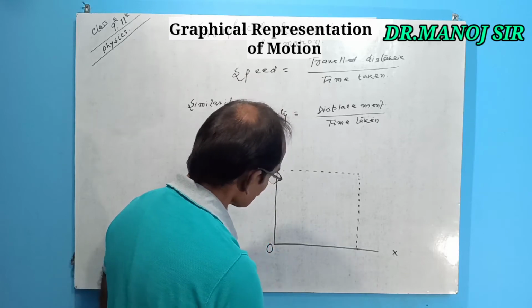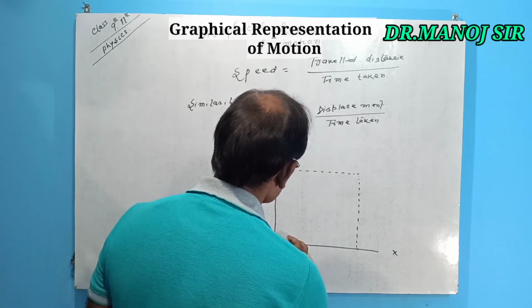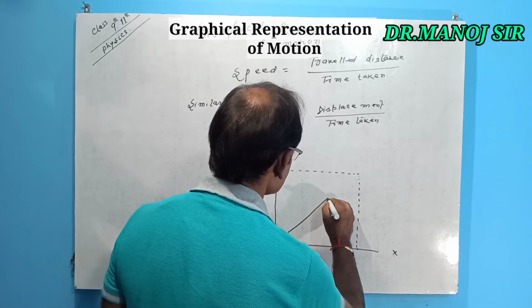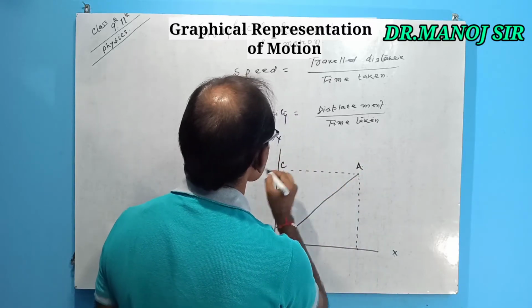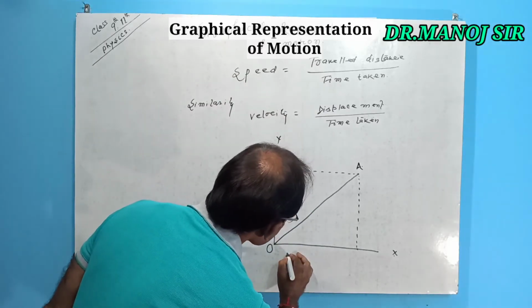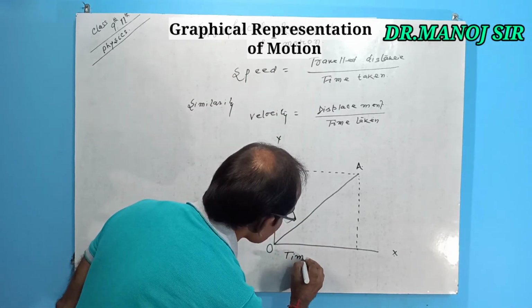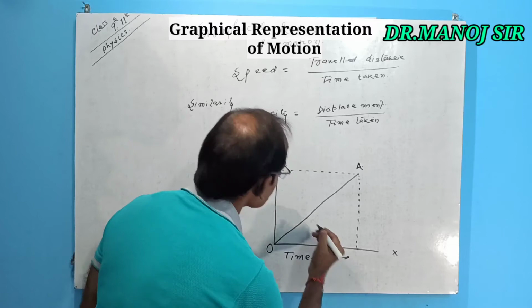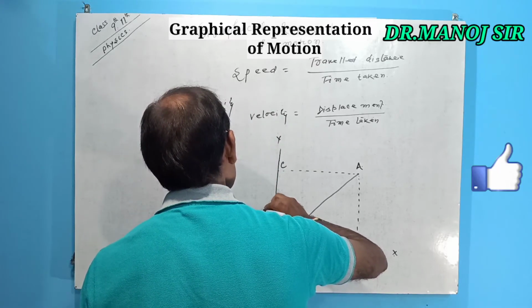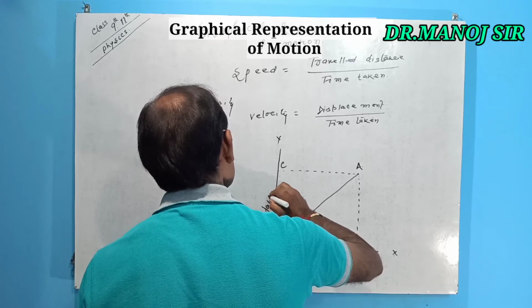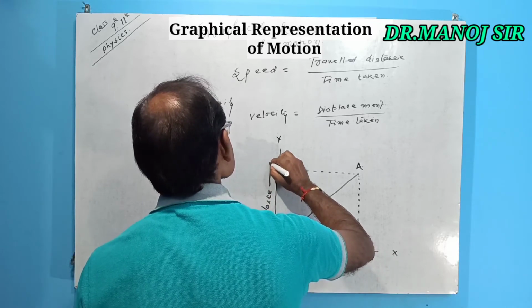Reference point is O, and the graph is represented at A. This is the time axis and this is the distance axis.